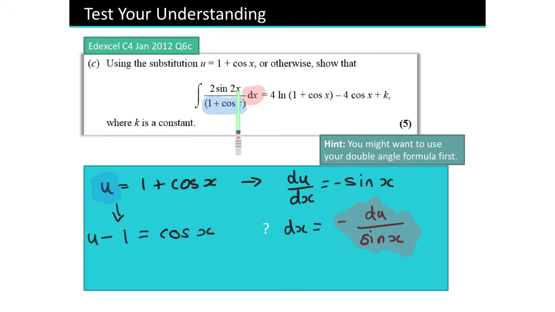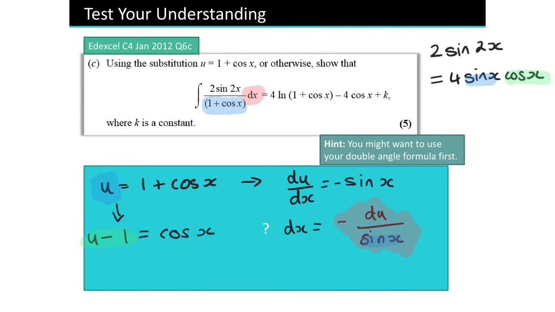I have sine of 2x, that's not the same, so I do not have that yet. However, I do know that 2 sine 2x equals 4 sine x cos x? Yeah. Perfect. Have I got sine x? Yes, that's going to cancel with this. Have I got cos x? Yes, that is in fact u minus 1.